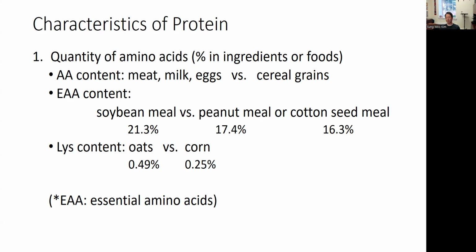But in terms of starch content, it's the opposite. Corn is higher in starch compared to oats. So it's all different depending on what you're looking at. So here I showed you the quantity of amino acid will determine the characteristics of protein. One of the ways to check the characteristics of protein.